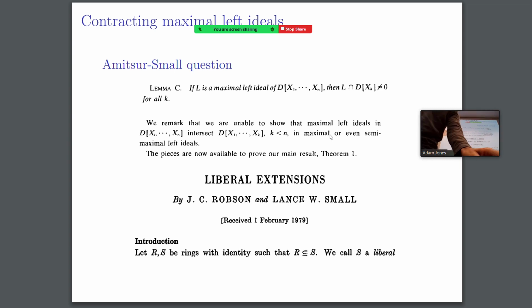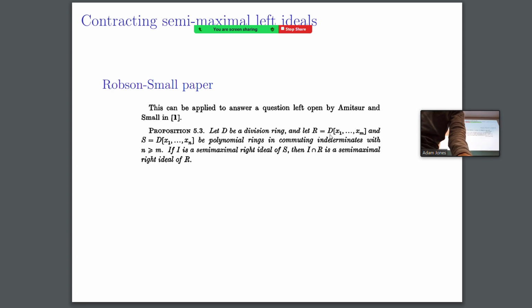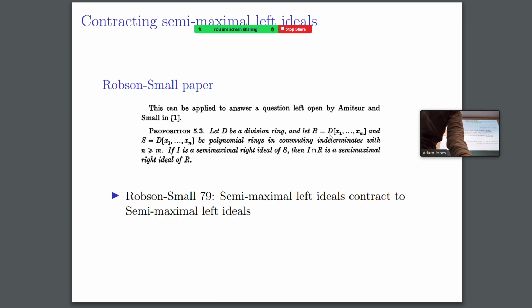The second question was answered in 1979 by Small and Robson, and their result simply states, okay, they use right notation, but it's the same: if you have a semi-maximal right ideal, then the contraction is a semi-maximal right ideal.